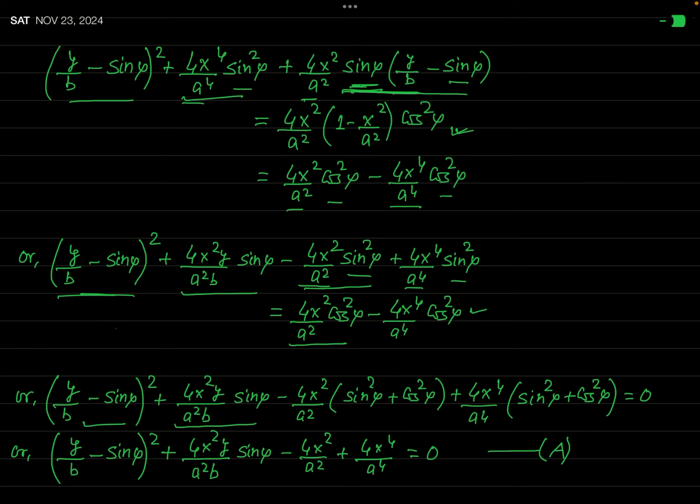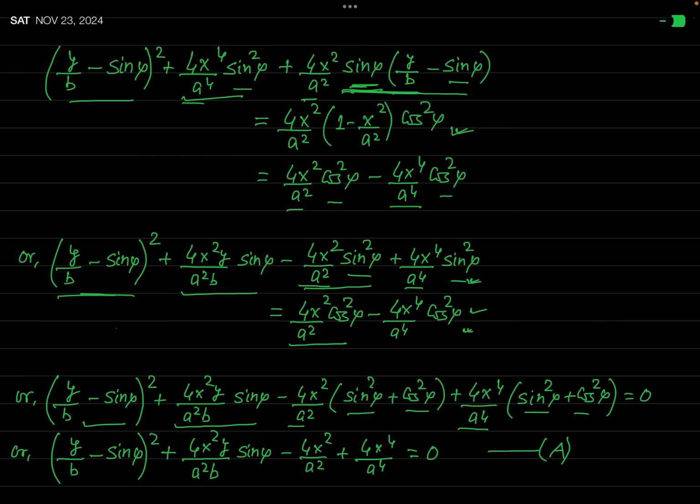You may take minus 4x square over a square as a common factor, and the remaining terms will be sine square phi plus cos square phi, which equals 1. And again, combine these two terms, 4x4 over a4 sine square phi and 4x4 over a4 cos square phi. Here again you can take 4x4 over a4 as a common factor, and the remaining terms will be sine square phi plus cos square phi, which is 1.